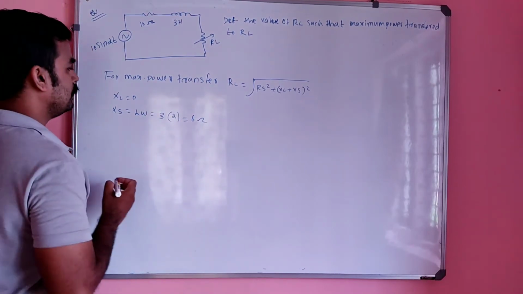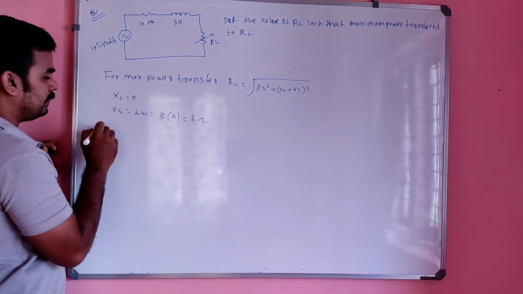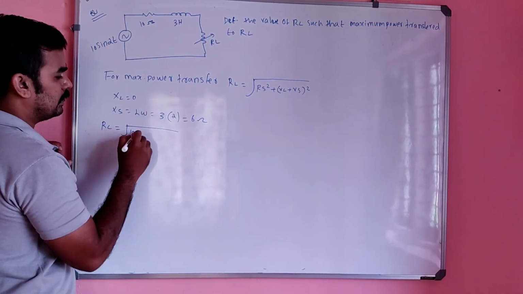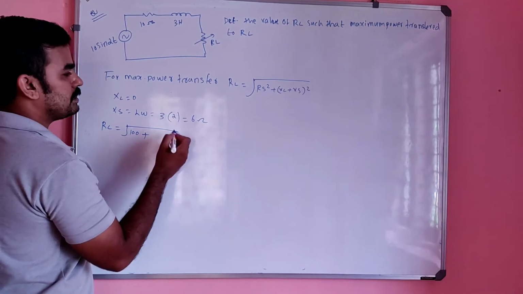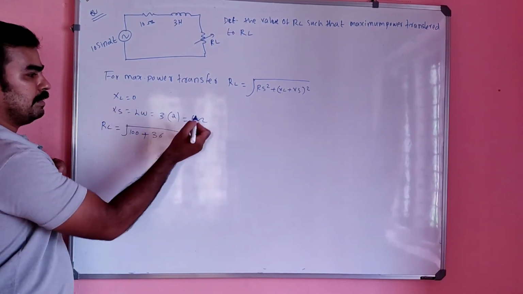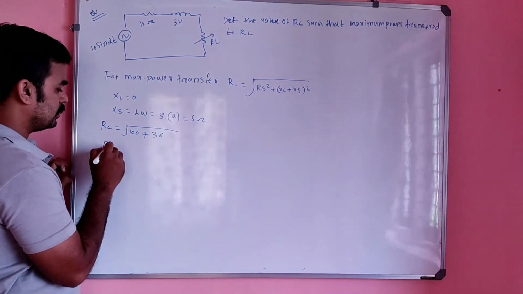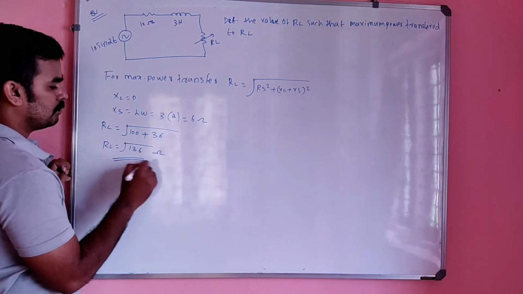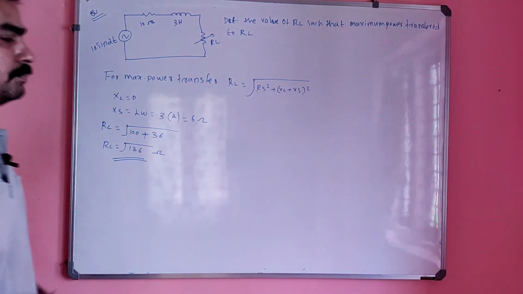XS equal to 6 ohm, XL equal to 0. So RL will be equal to the root of RS square 100 plus (XL plus XS) the whole square, that is 36, with XL equal to 0. So it will be root of 136. This is the value of RL for maximum power transfer.